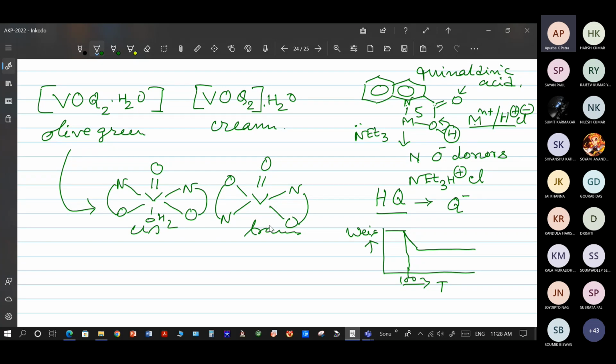If the splitting is different, then the t2g set, eg set, and the electronic transitions depending on how many electrons are in the d orbitals will be different, and your color will be different. And we observe here one is olive green in color, but the other one is cream in color. So for these two, ionization isomerism and hydrate isomerism we have already covered.